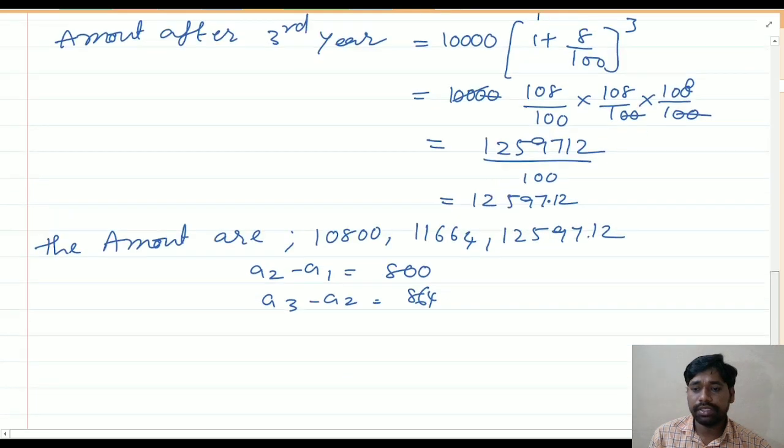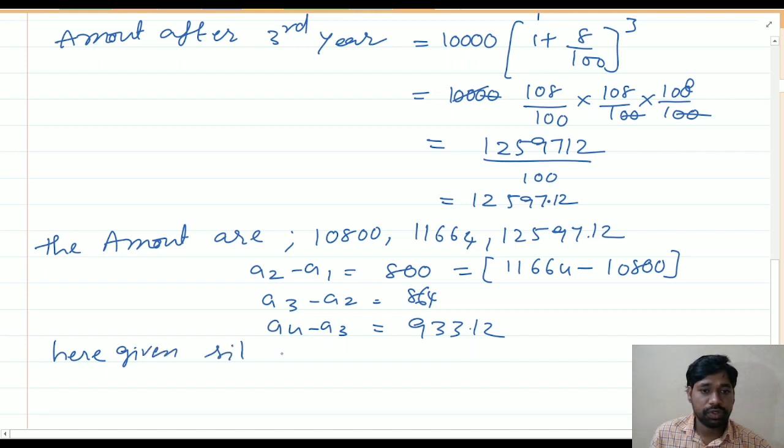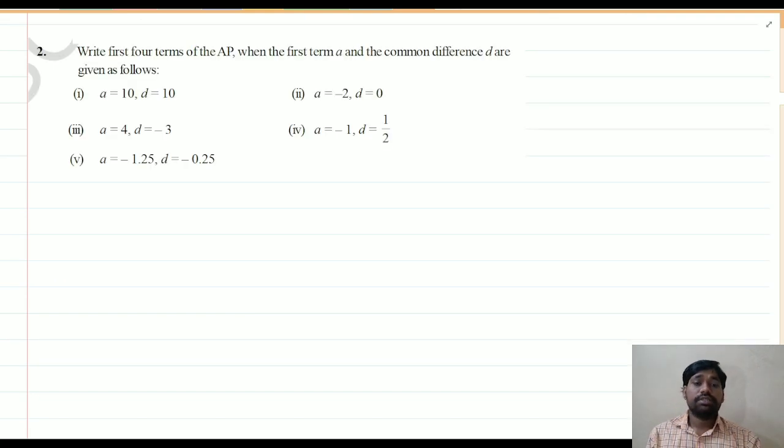So directly you can say, if you find A4 minus A3 also, you will get a different difference. If you want, I will write one for you: 11,664 minus 10800. This is how we got this number. Okay, so here the given situation is not in AP. Okay, because you know what the answer is, right? You understood the word problems, I think so, my dear students.